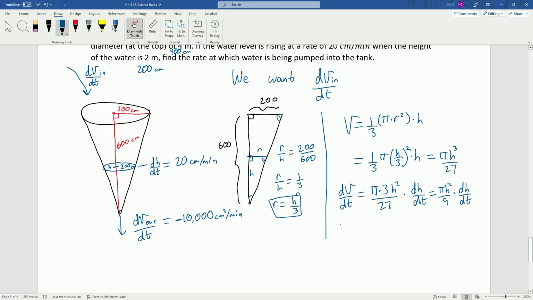Okay, so now we can finally consider the moment that H is equal to 200. So once we plug that in, we get dV/dt equals pi times 200 squared over 9 times dH/dt, which is 20.